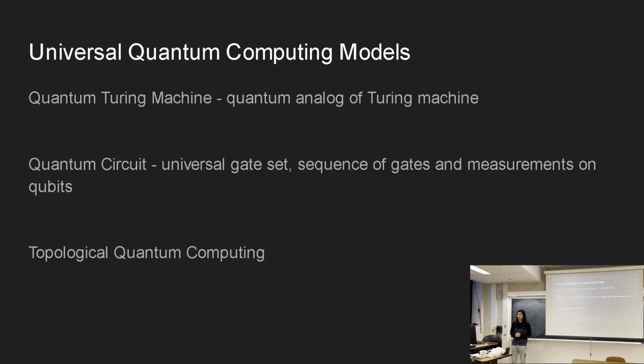For example, we have the quantum Turing machine, which is the quantum analog of a regular Turing machine. The Turing machine was the very first model of computation, invented by Alan Turing. When people were first trying to think about quantum computing, they said, let's extend the regular Turing machine into the quantum realm and use that as the basis for our quantum theory.